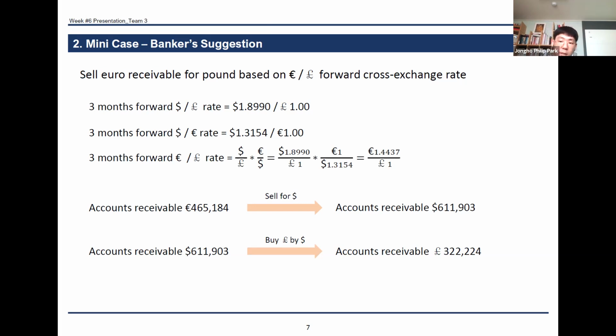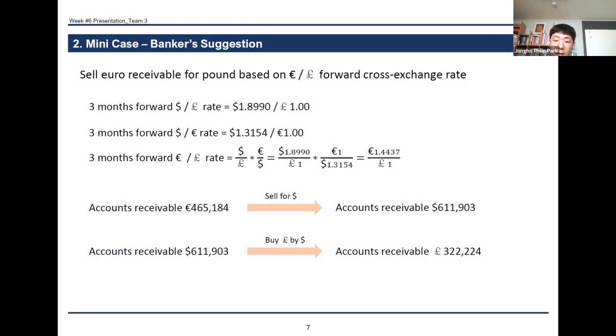So if we just forward hedge like this, we can have accounts receivable of 465,184 euro now, and we can sell it for dollars. So we can have a receivable of $611,903.